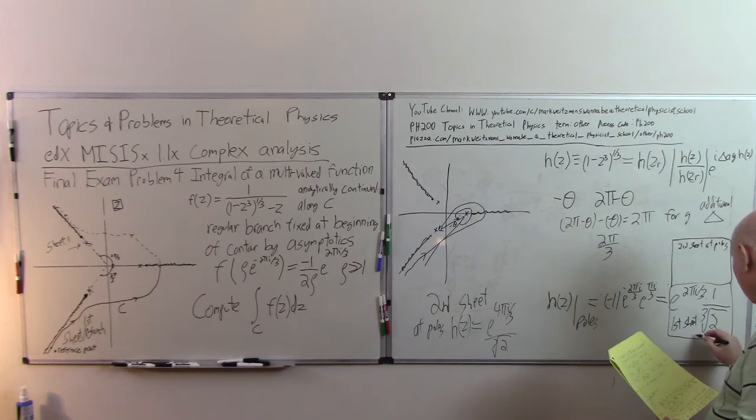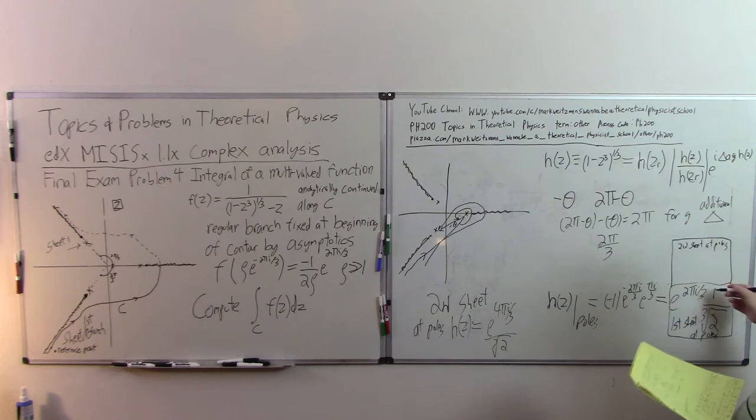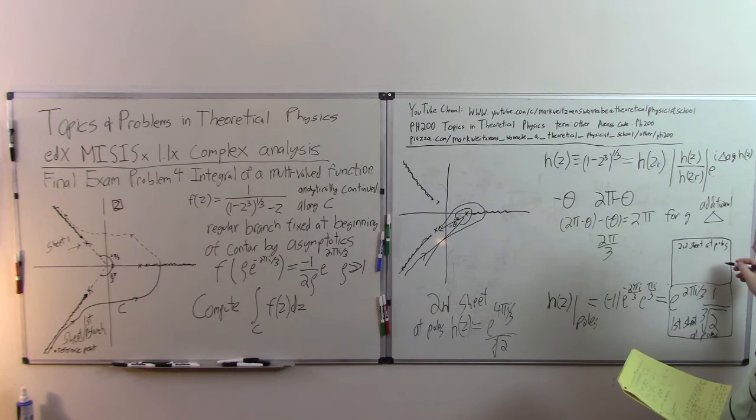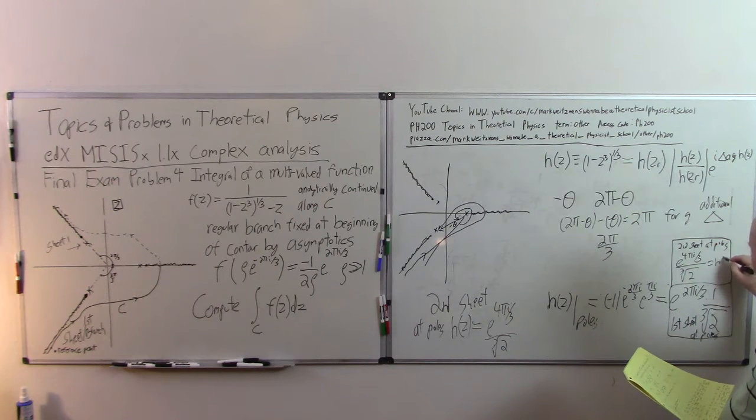This is also at poles. They're not really poles, but I'm just calling all these potential poles poles. Here we get e to the 4 pi I over 3 divided by the cube root of 2. This is what h of z is.